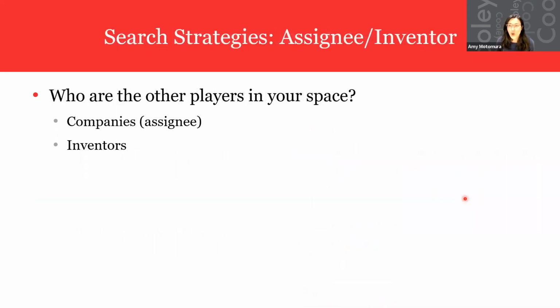It doesn't all come down to exactly how you place these terms, because ideally you're not doing only keyword searching. The other thing that I would definitely recommend you do is assignee and inventor searching. Think about who the other people are who operate in your space, and you can specifically look at their patents.